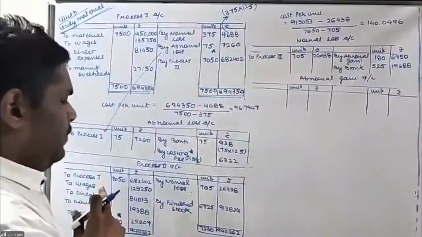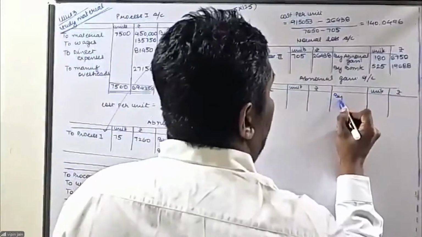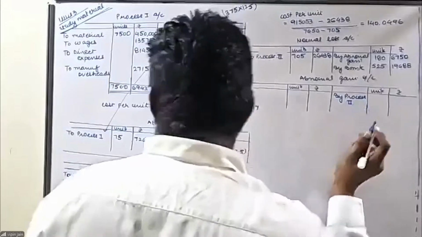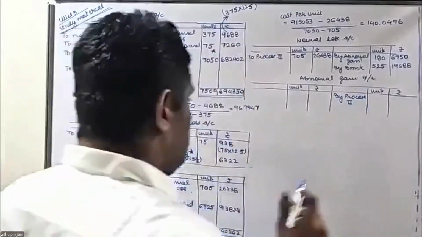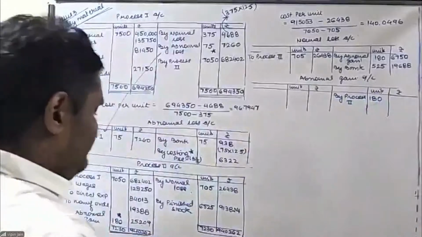Now let's prepare the abnormal gain account wherein by process second 180 and 25209.